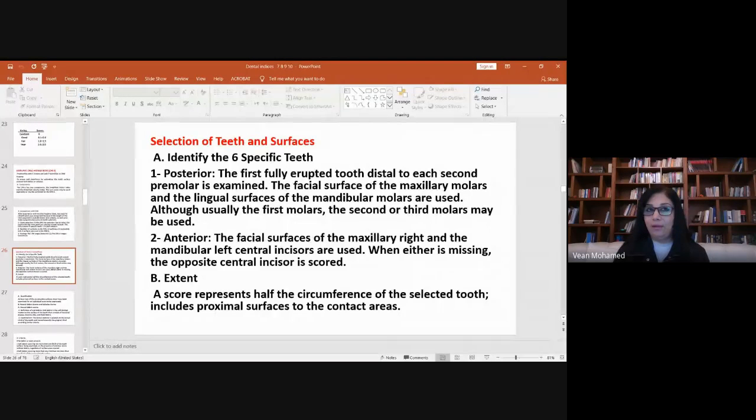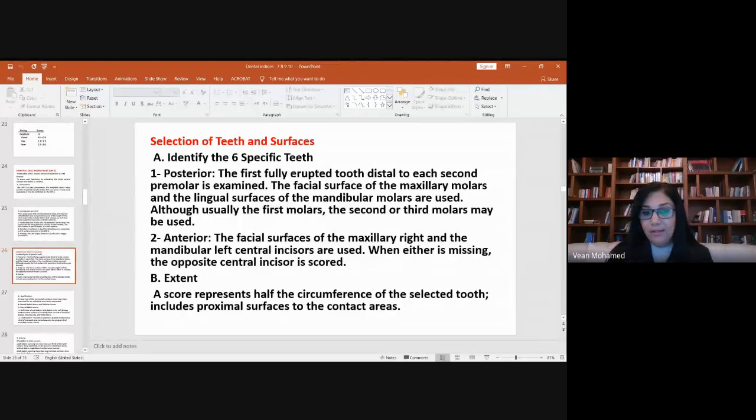If someone has removed or extracted his first molar, the second molar or third molar can be used instead of the missing one. Otherwise, we have to examine the facial surface of the maxillary molars and the lingual surface of the mandibular molars. Molars mean 2 upper and 2 lower.